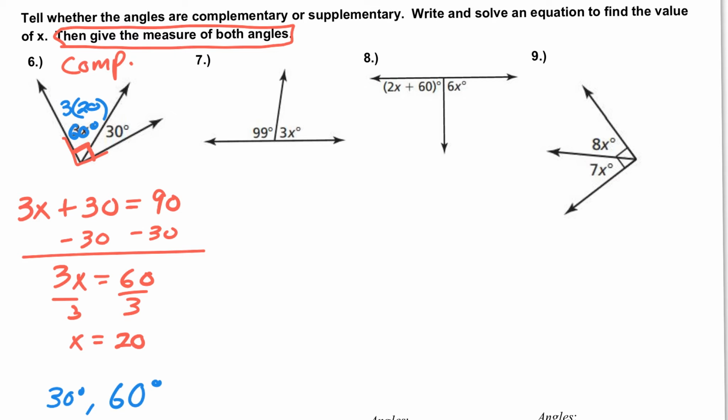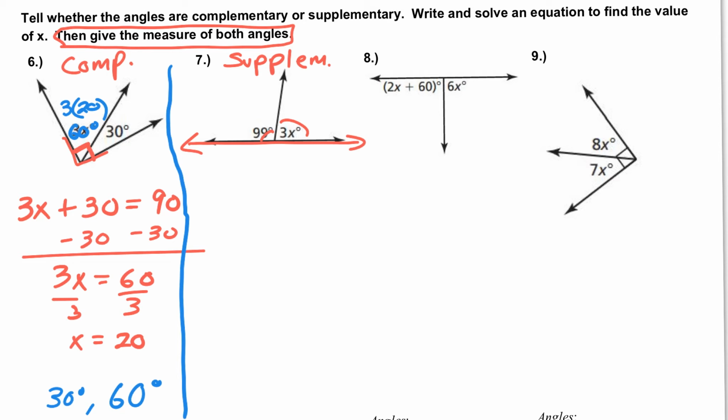And number 7, so we have angles of 99 and 3x, and anytime two angles create this straight line here, they're going to be supplementary. So knowing that they are supplementary, we can now write an equation to help us solve for x. So when they are supplementary, we're going to add up the two angles. So 3x plus 99.